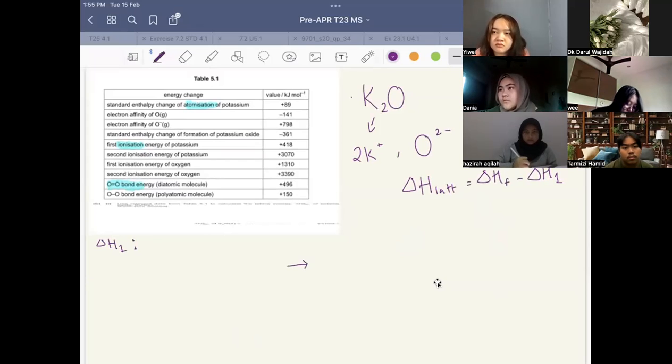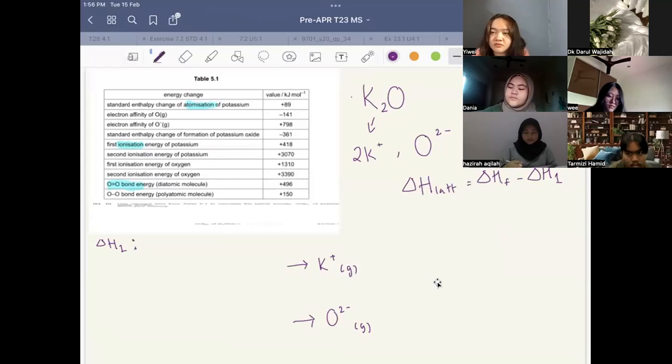Remember, you want to end with, let's start with K plus to look, okay? K plus gas and O2 minus gas, starting with elements in its standard state. O2 gas, okay?